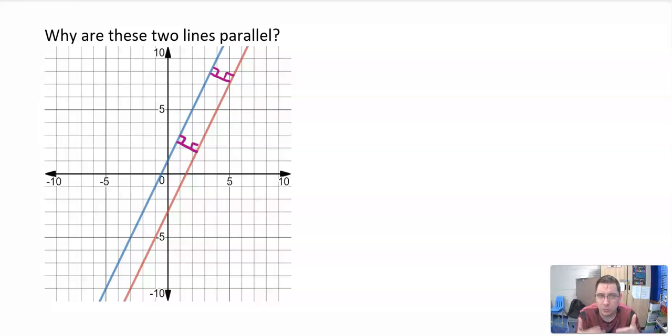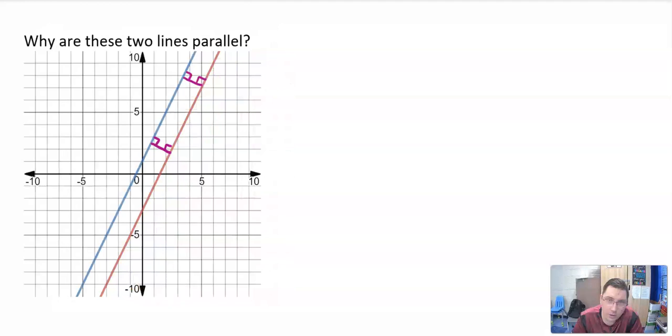But in Algebra 1 and in Foundations, there's some characteristics of parallel lines that we're going to look at that make this really easy for us. So let's look at those. These graphs, one thing we want to notice is the slopes. That's one of the things that we deal with in this entire unit, is slopes of lines. So if I look at this line here, I take this point, and I take this point, I can go up 4, right 2.